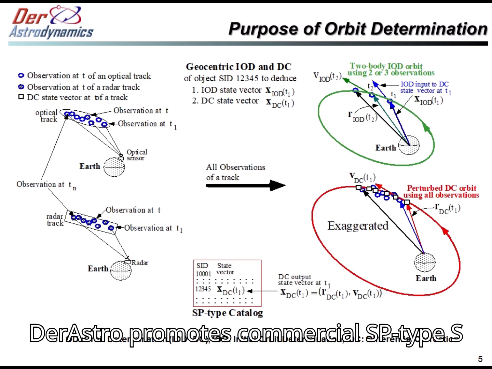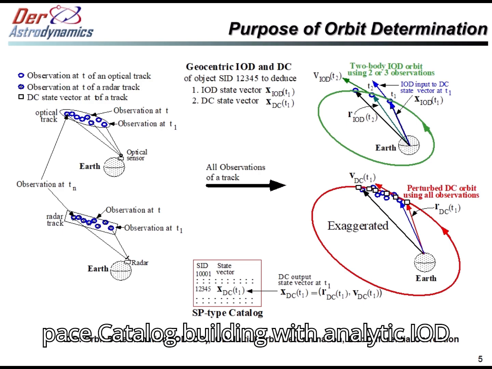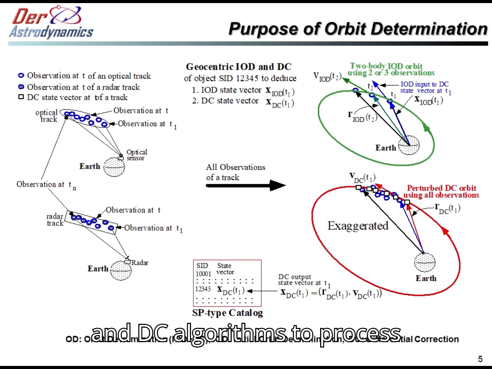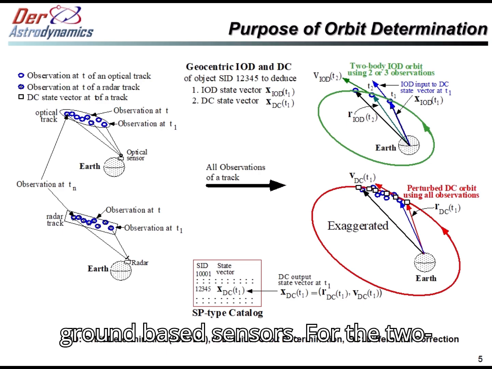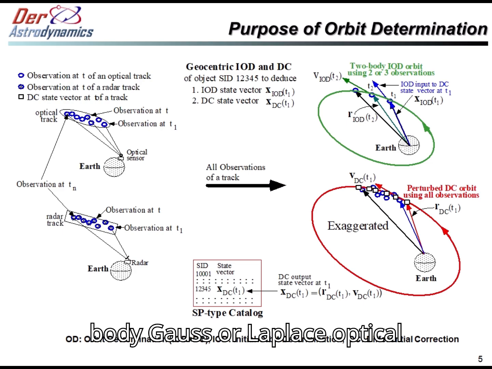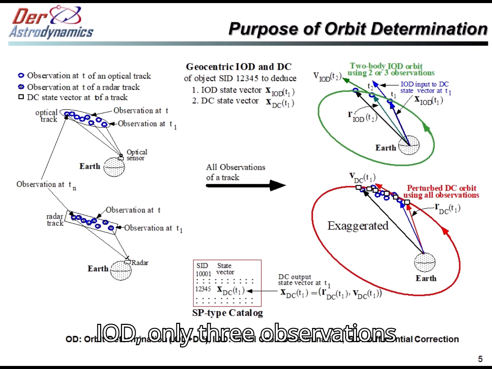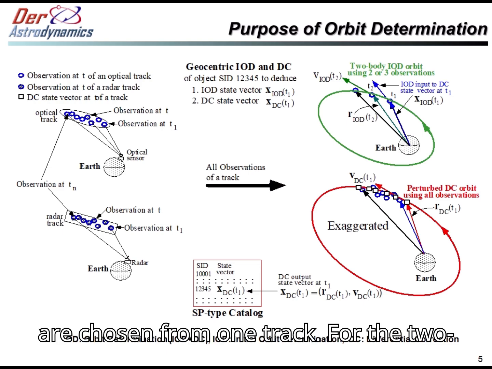The Astro promotes commercial SP-type space catalog building with analytic IOD and DC algorithms to process observations collected by Earth or ECI ground-based sensors. For the two-body Gauss or Laplace optical IOD, only 3 observations are chosen from one track.